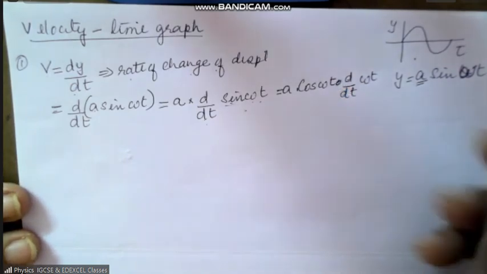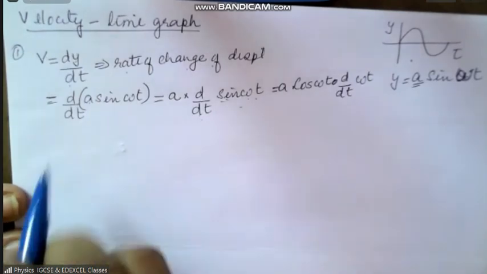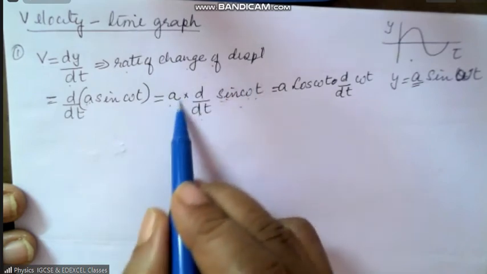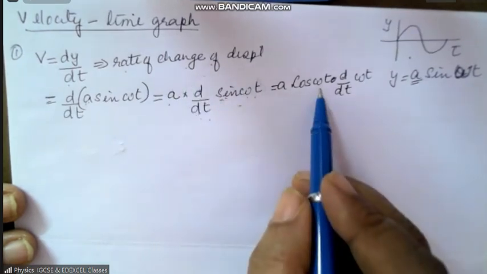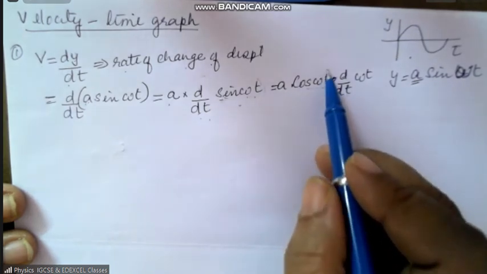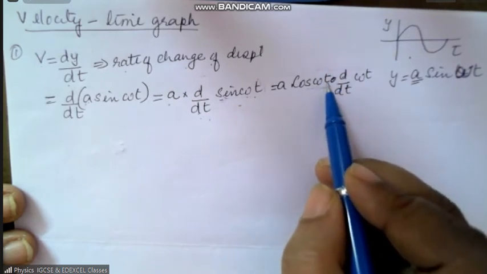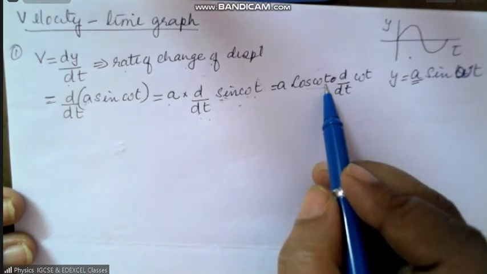These are the different steps in continuous differentiation. First you take the constant out. Then you do differentiation of this. Differentiation of sine theta is cos theta. So sine omega t gives cos omega t. Now this also needs to be differentiated because it has a constant and a variable. All the things that have a variable need to be differentiated.